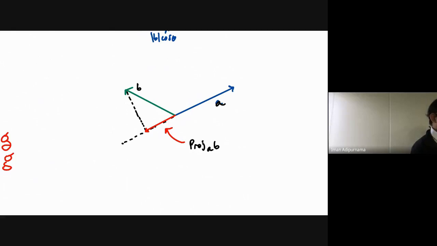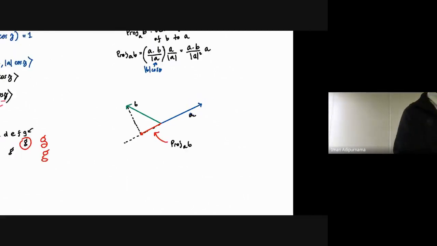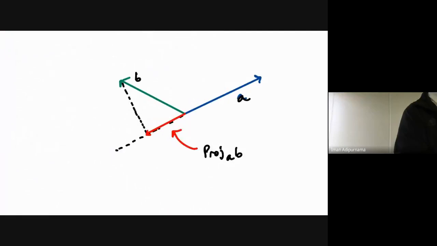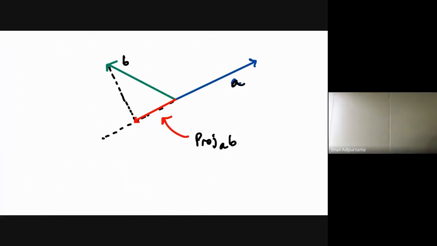So this is our projection. Okay, I hope with many kinds of vectors, in any directions, you can get familiar with the projections, how to make some projections of those vectors. Okay.